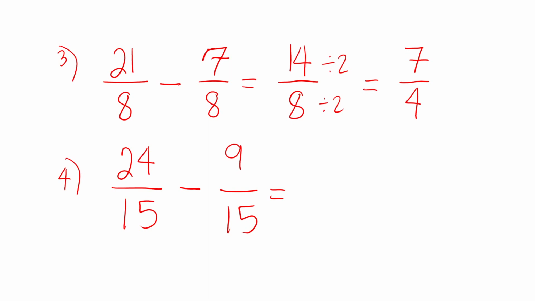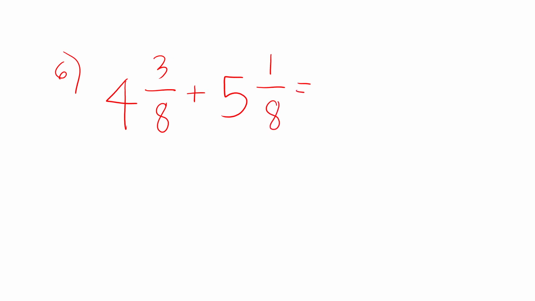Sorry for that, next example. We have 24 minus 9, how much? 15. 15 over 15 will give us how much? 1. There you go. That's the final answer. Next example, number 6.